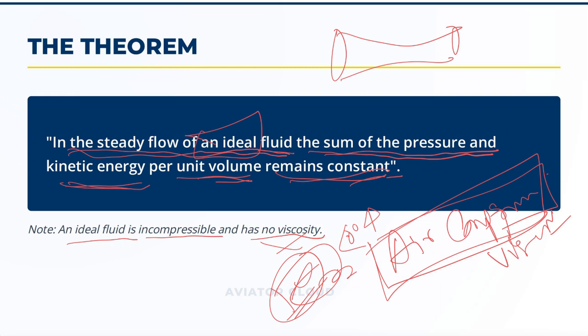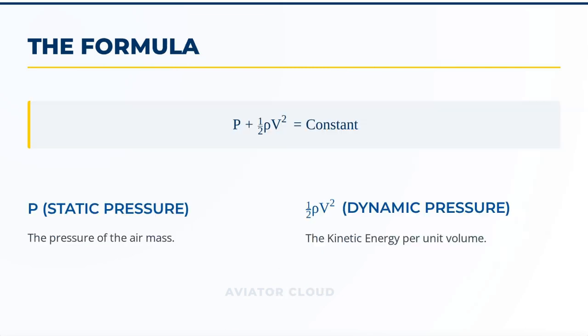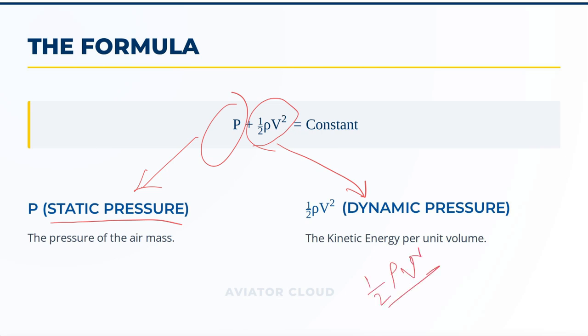So what does the theorem say? In the steady flow of an ideal fluid, the sum of the pressure and kinetic energy per unit volume remains constant. That means P is the pressure, the static pressure, and half rho v squared is the dynamic pressure. Already you know how half rho v squared comes.